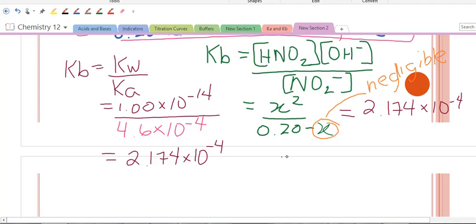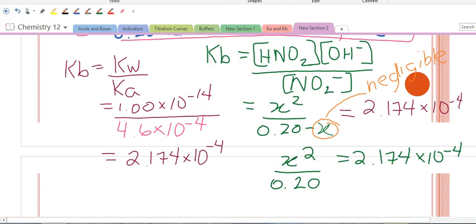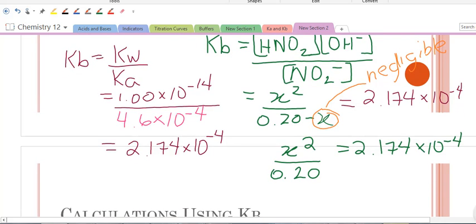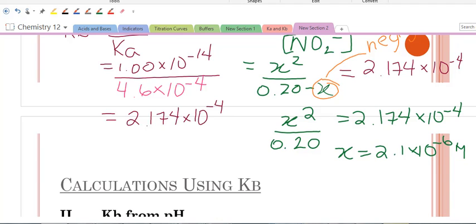So our final expression is x squared over 0.20 is equal to 2.174 times 10 to the negative 4. And then when you solve for x, it will be equal to 2.1 times 10 to the negative 6 molarity.